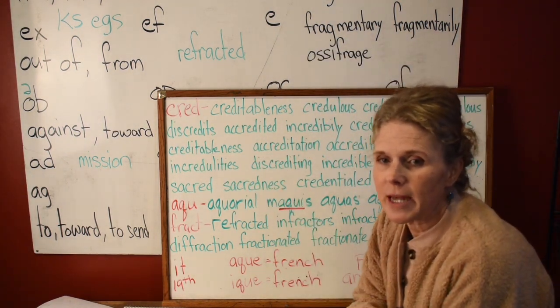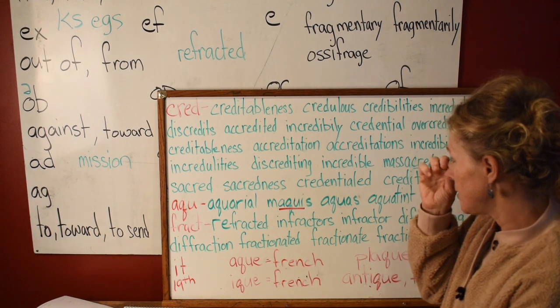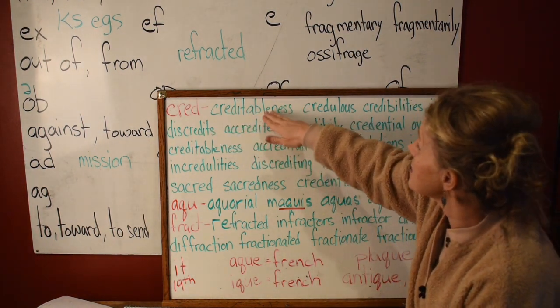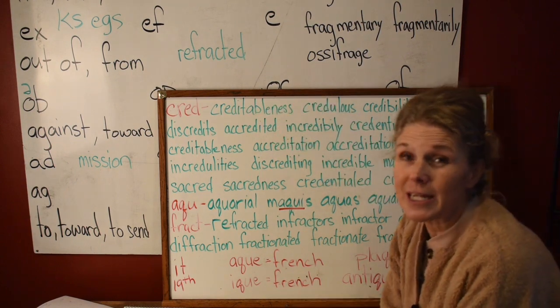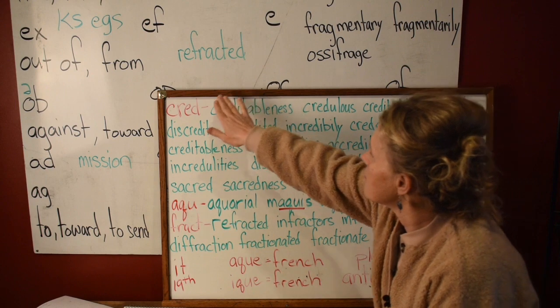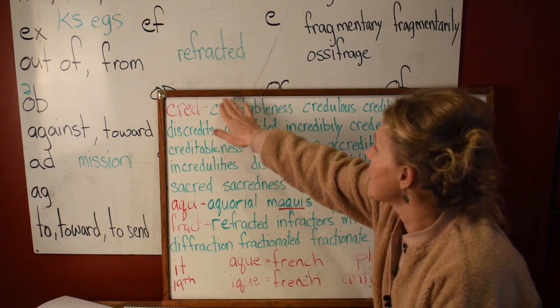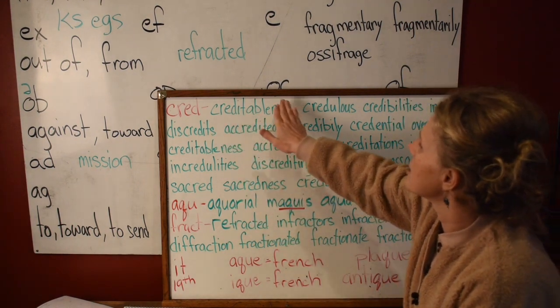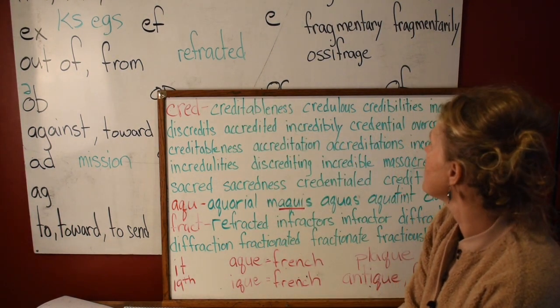What does cred mean, Daniel? Believe. Means to believe. Okay, so if you look at this word, credibleness. Ness means a state of being or condition, able to give credit, or credit is believable. So this person is a believable person, okay?